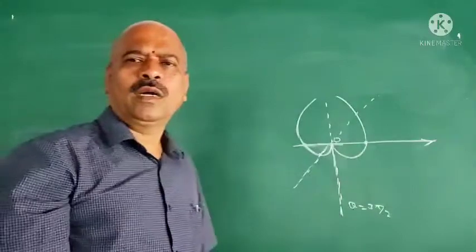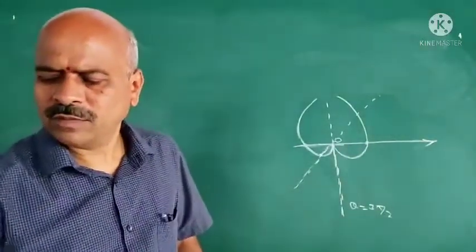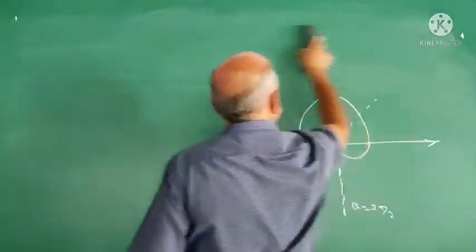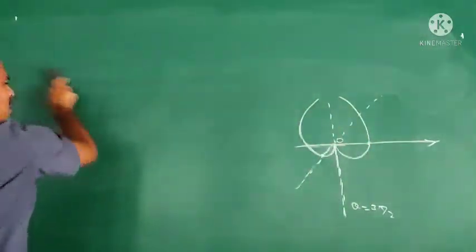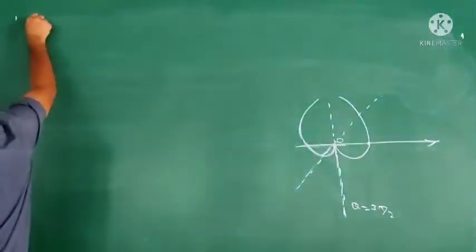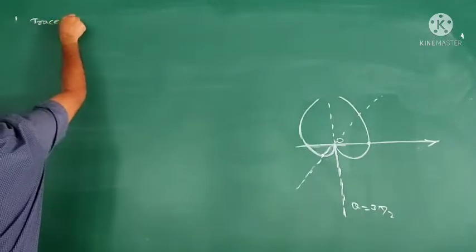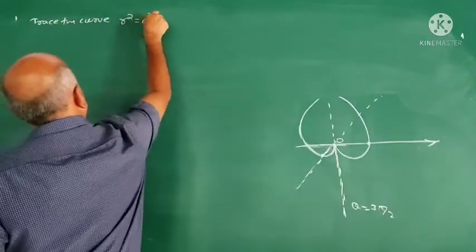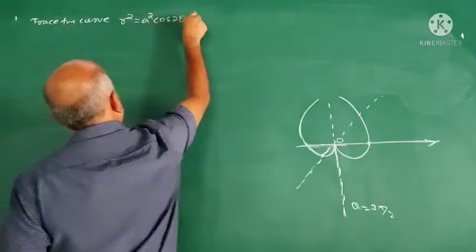Now, consider one more curve, one more equation. This is also a standard curve. It is called the Lemniscate of Bernoulli. The equation is: trace the curve r square is a square cos 2 theta.